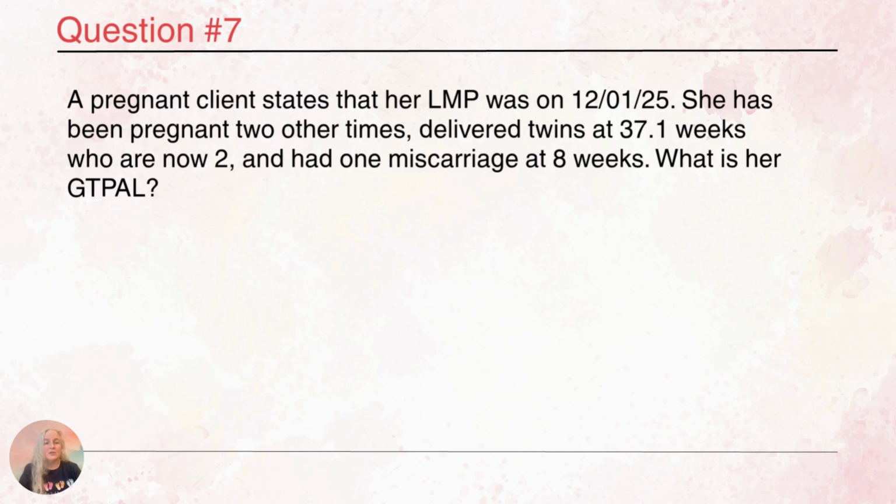So let's look at her situation again. Her last menstrual period was 12/1/2025. She has been pregnant 2 other times. She delivered twins at 37 weeks and 1 day, who are now 2, and she has had 1 miscarriage at 8 weeks. What is her GTPAL? Is she G3, T2, P0, A1, L2?